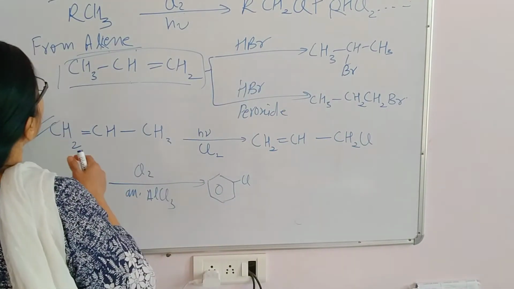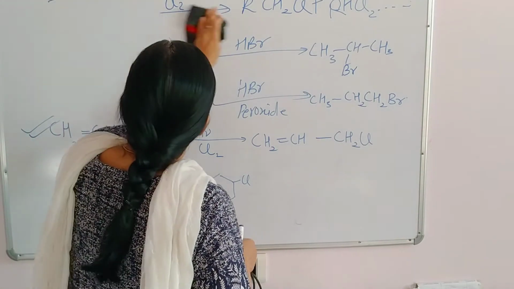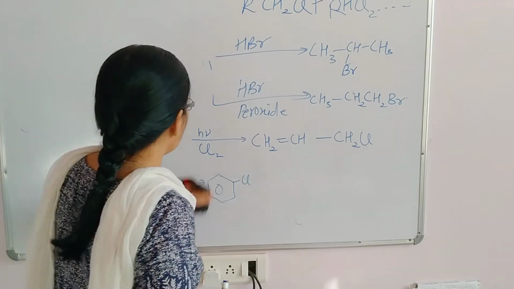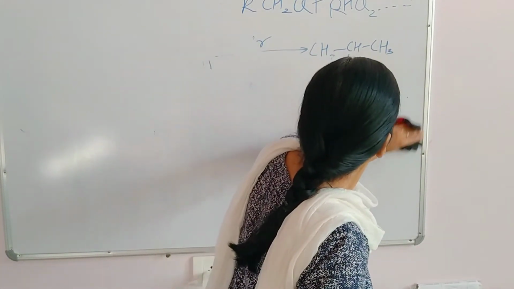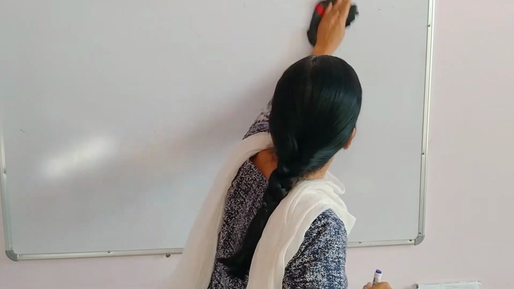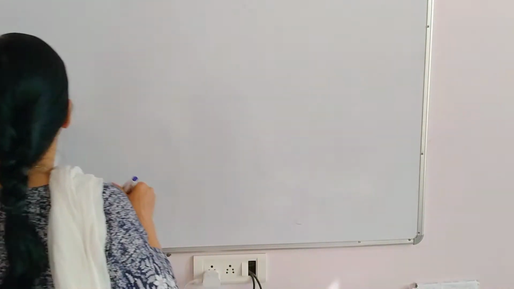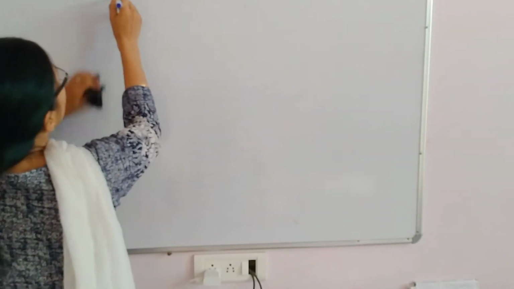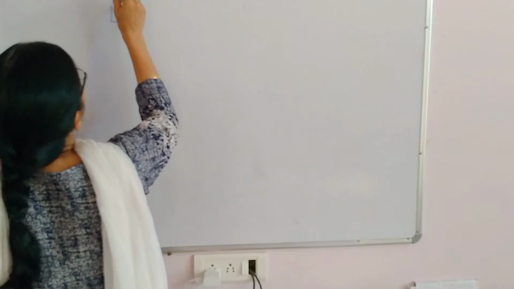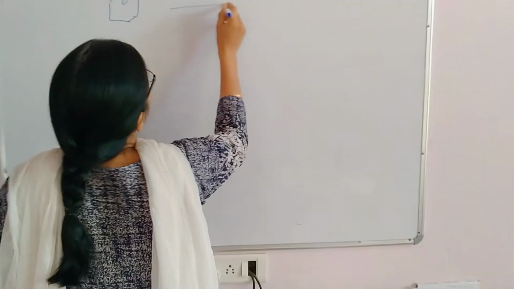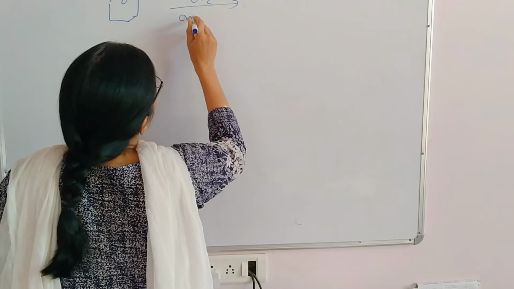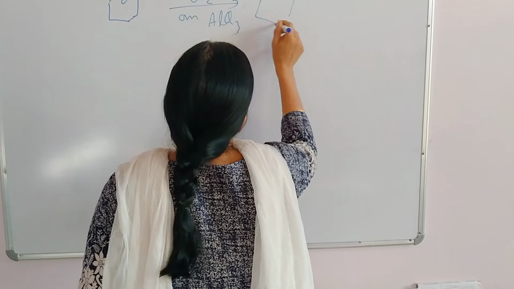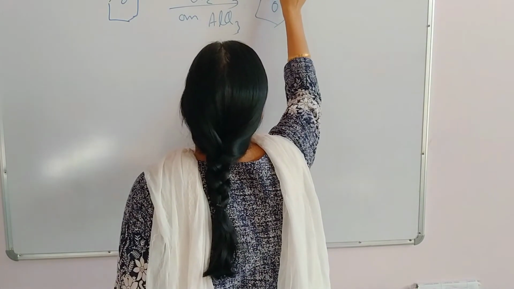For example, benzene ring with CH3 group, reacting with Cl2 and anhydrous AlCl3, that is toluene.